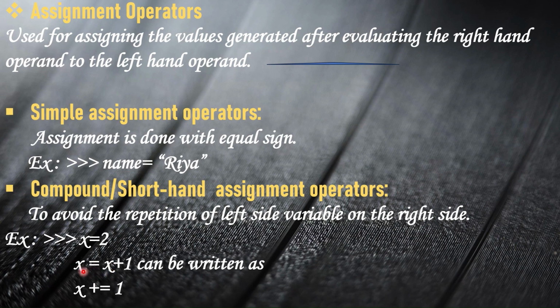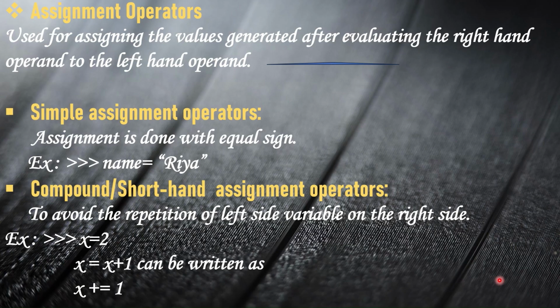In order to avoid the repetition of the left-side variable on the right side, we can write this statement as x += 1. So here we have a plus-equals, and we call this operator a shorthand assignment operator. Since this is a shorthand notation, the statement is simplified like this. Like this, statements can be simplified by avoiding the repetition of the variable on both sides.